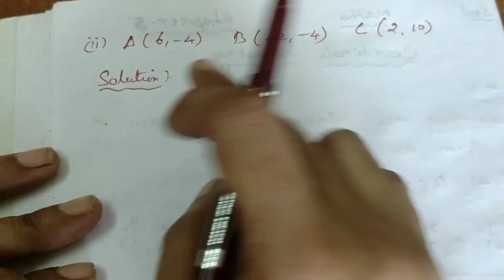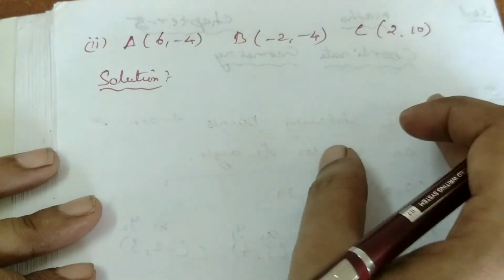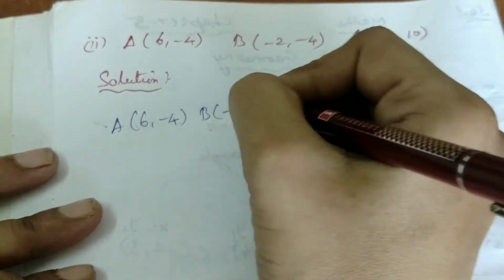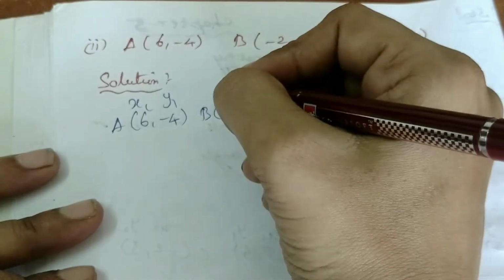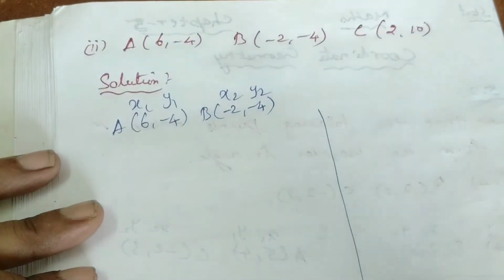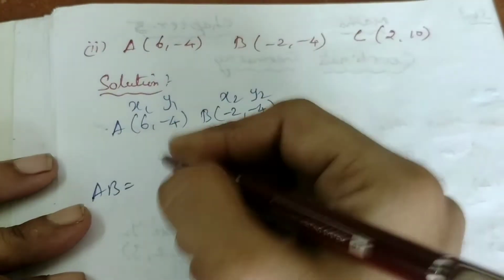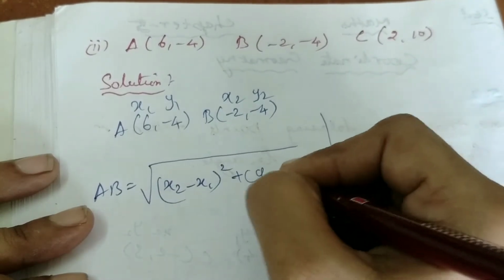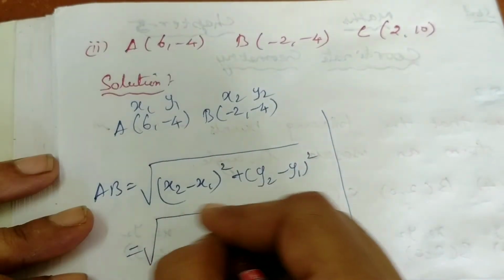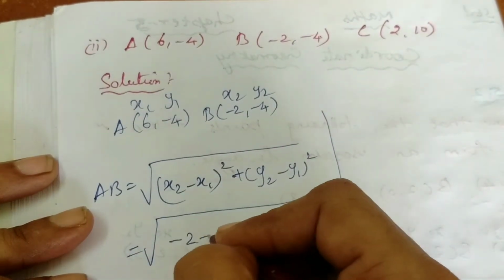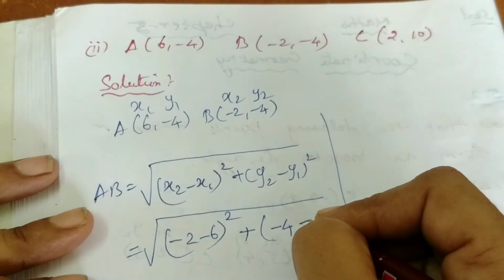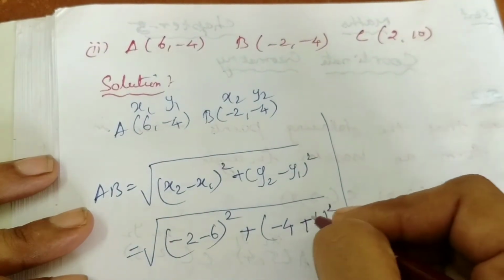Second subdivision. In this problem also we have to find the distance between each and every pair of the 3 points. First take A and B: 6 comma minus 4 and minus 2 comma minus 4, x1 y1 and x2 y2, same procedure. AB equals square root of (x2 minus x1) the whole square plus (y2 minus y1) the whole square, equal to square root of (minus 2 minus 6) the whole square plus (minus 4 minus of minus 4, so plus 4) the whole square.